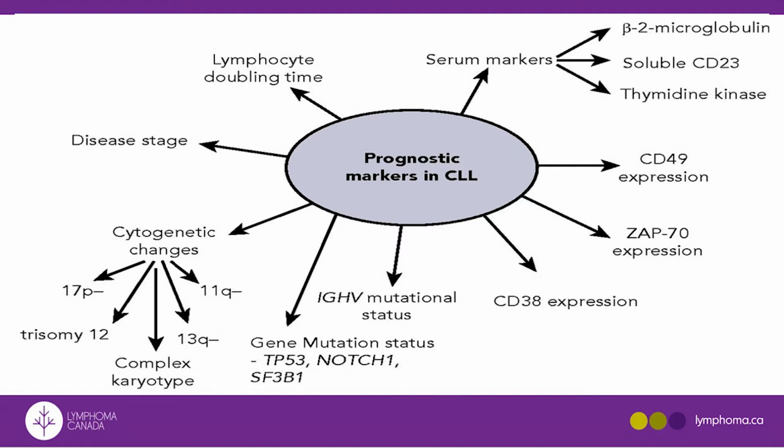And if the lymphocytes, the CLL cells, double within about 6 months, it's not rocket science to figure out that you're going to accumulate a large number of cells fairly quickly and need some treatment. On the other hand, if the doubling time is several years, you can do the math and realize that there will be many, many years before you'll need some active treatment for the CLL.